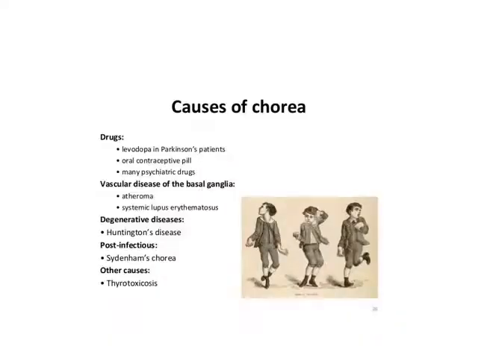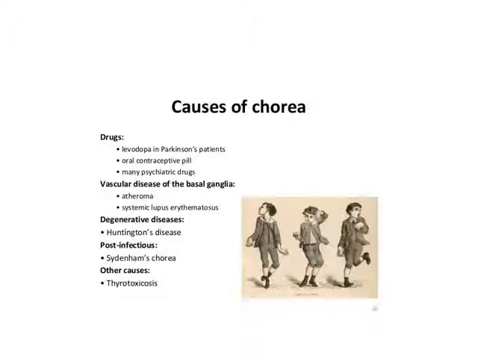Okay. What are the causes of chorea? There are many causes, but the most important that we have is Sydenham's chorea and Huntington's chorea. What are the other types that we have? We have drug-induced, from levodopa in Parkinson's disease, oral contraceptive pills, and some psychiatric drugs.